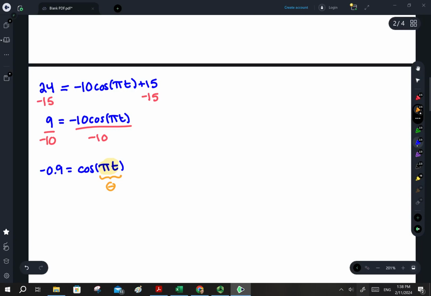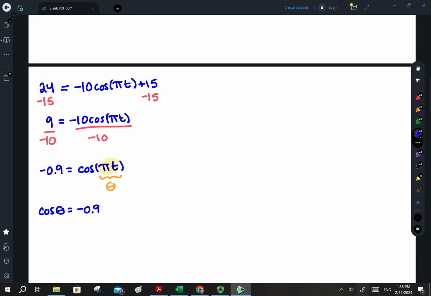When I do that, my equation becomes the cosine of theta equals negative 0.9. The reason I like this substitution method is it can prevent you from making common mistakes when trying to find the second time. And I'll talk about that more when we get there. But that's really the purpose of this, is to avoid the temptation to do things that are incorrect.